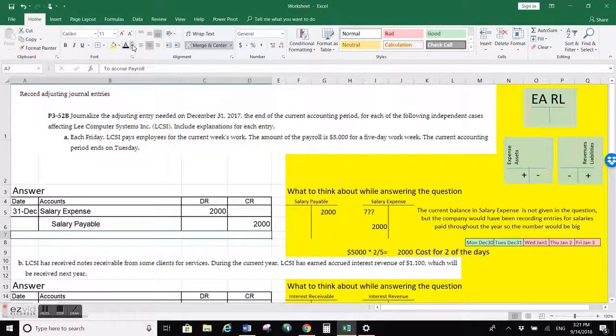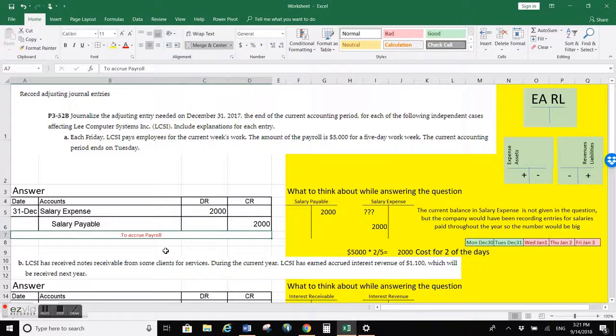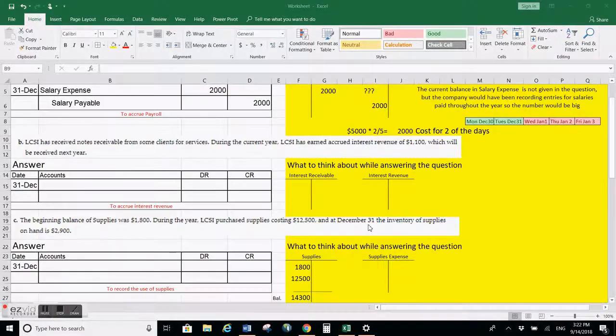Now, in real life, you would definitely want to include a note with your journal entry, because you do so many journal entries you forget why you do it. For the purposes of this class, we're not really that concerned about the note. Just to clarify, everything in yellow here is what I'm thinking about when I answer this question. The actual answer to the question is in white here.